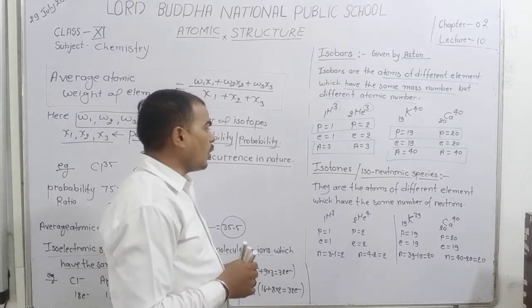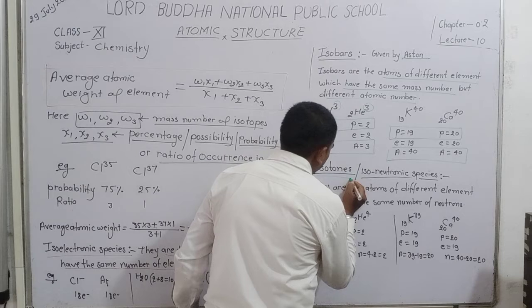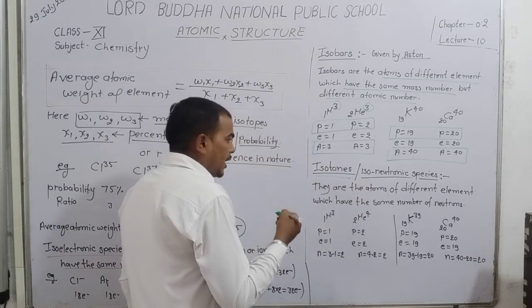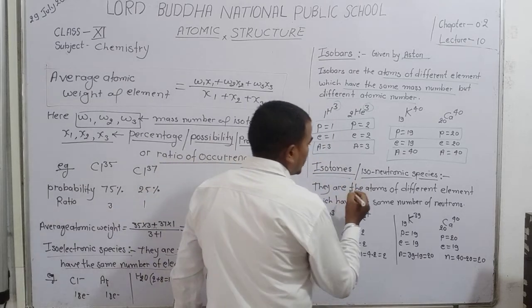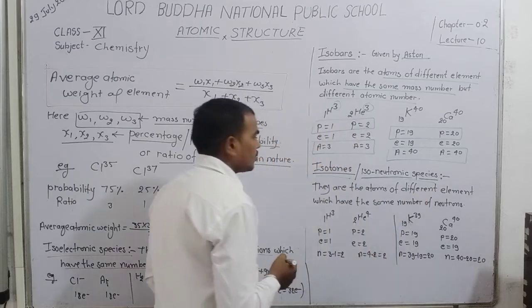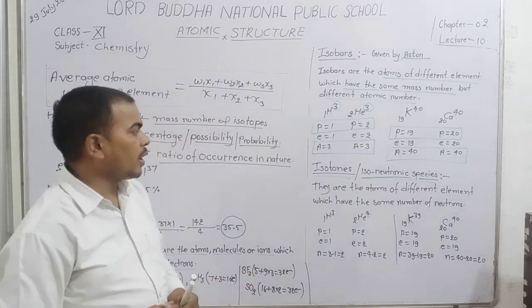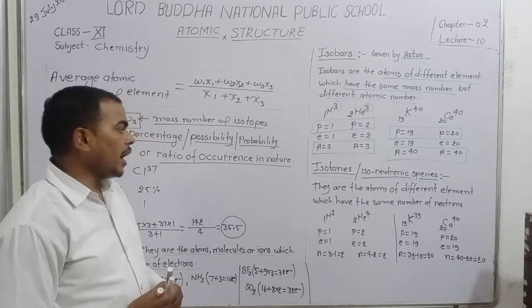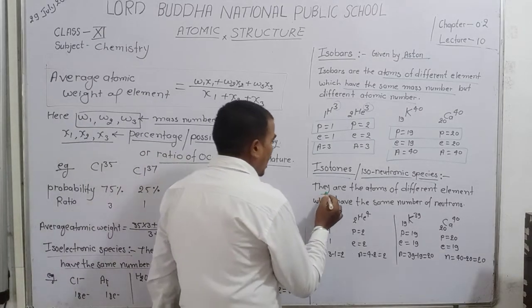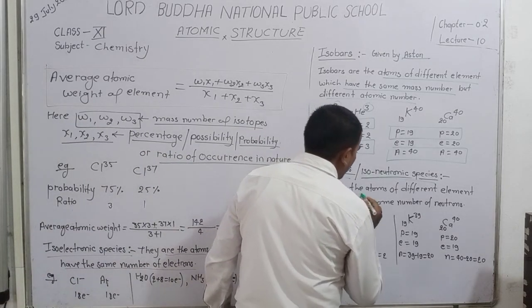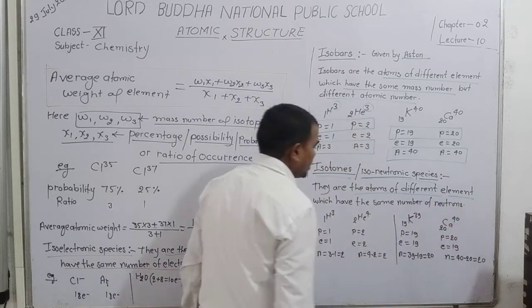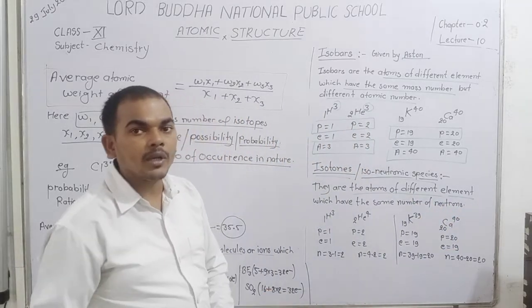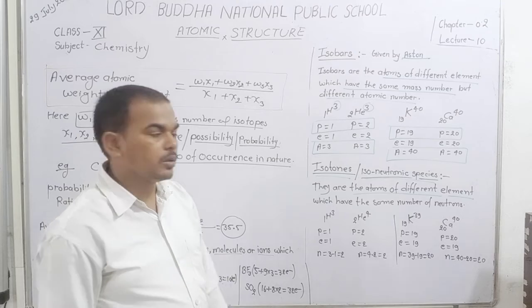Okay, now let's discuss isotones. Isotones are also known as isoneutronic species. Dear students, isoneutronic means they are atoms of different elements. Different elements means different atomic numbers, different proton numbers.